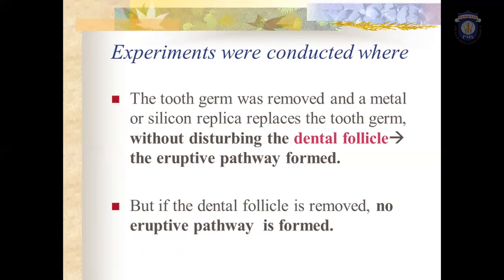It was found that when the tooth germ was removed and a metal or silica replica was placed in place of the tooth germ without damaging the dental follicle, an eruptive pathway still formed. So definitely the dental follicle, and not the actual tooth germ, had a role in the eruption of the tooth.